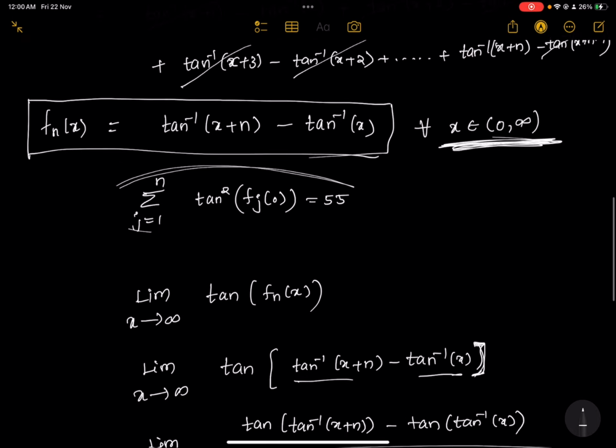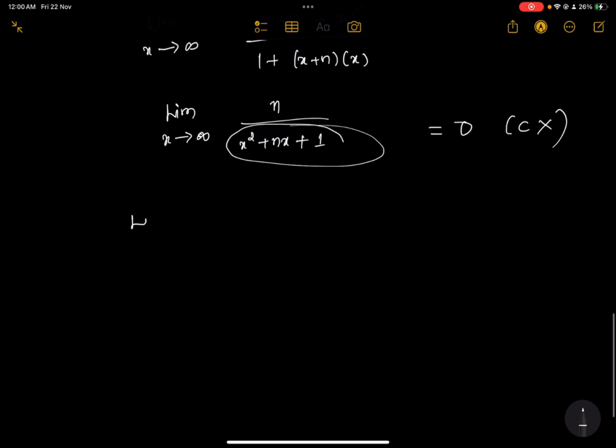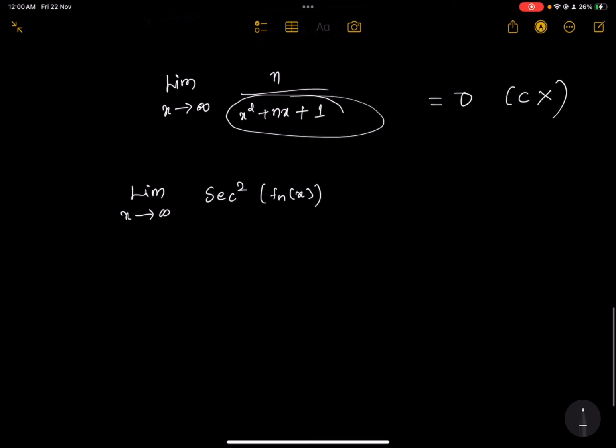Secant square fn of x. So the same limit, limit x tends to infinity, secant square fn of x. We have to find out this. So limit x tends to infinity, secant square theta is 1 plus tan square theta.